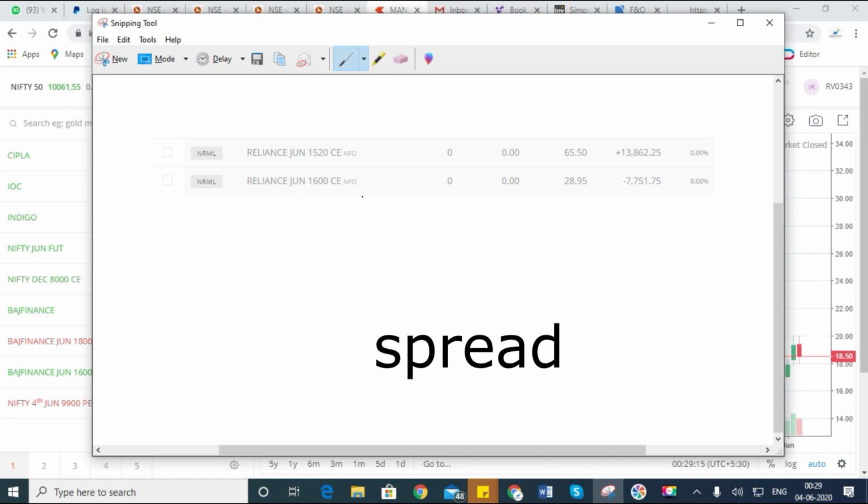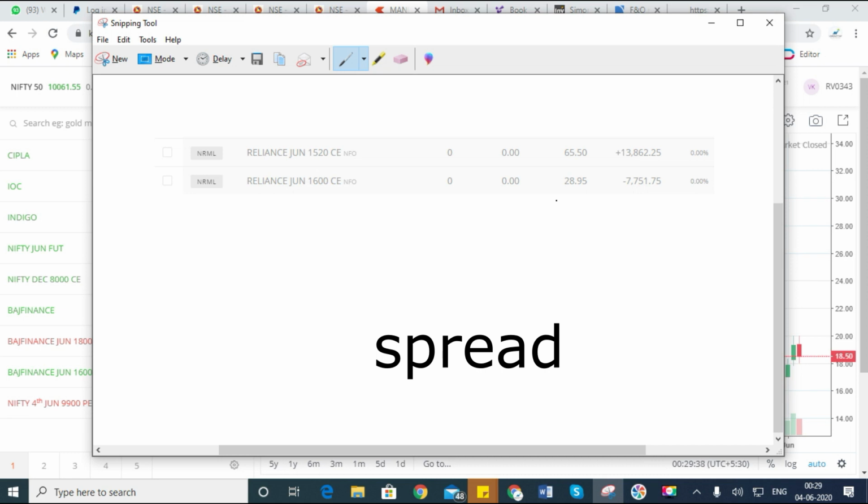So we squared off the position and booked around 6,100 rupees. This is a great trade because the risk was lower for us since we created a spread. The risk when we took the position was hardly 10,000 rupees.